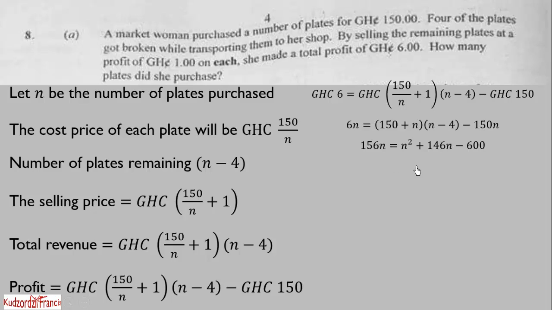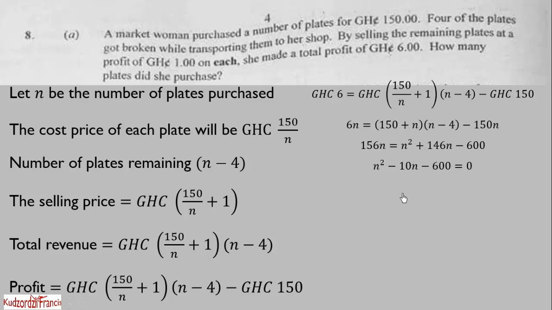So we rewrite in standard quadratic equation form to get n squared minus 10n minus 600 is equal to 0. We just brought this one to this side. That will give you the negative 10n, and there will be 0 here, but I swapped the sides.